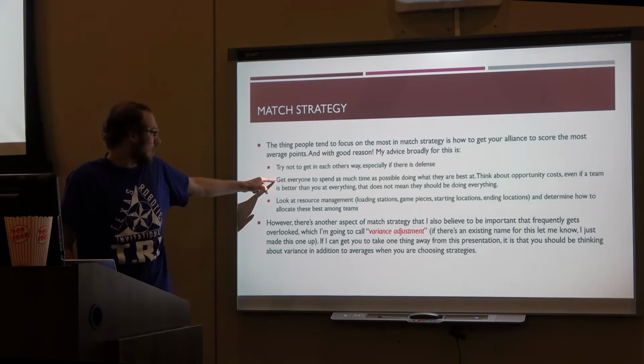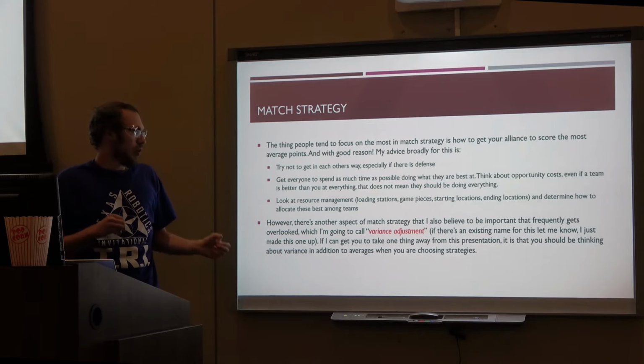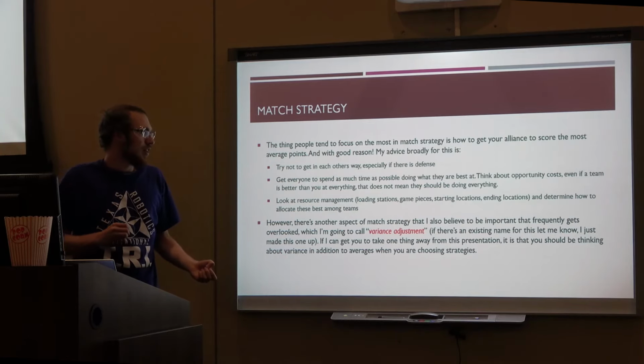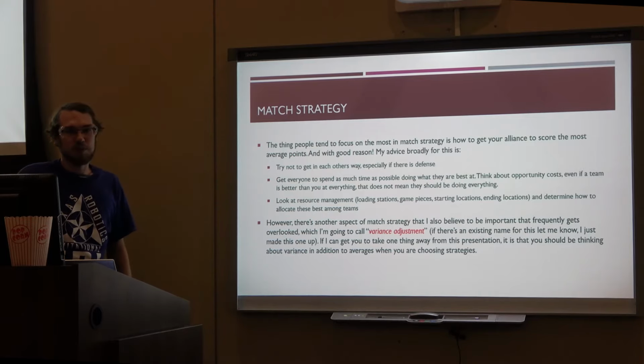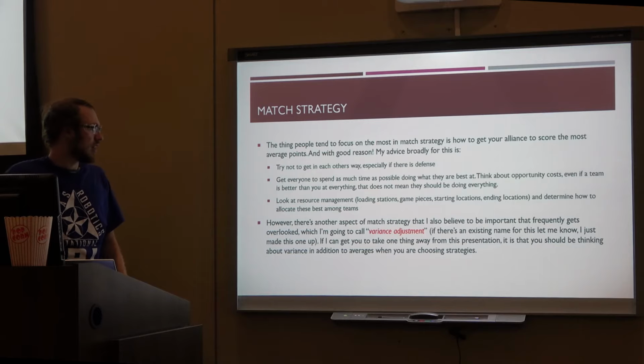The next thing is to try to get everyone to spend as much time as possible doing what they are best at. If you're familiar with economics, there's something called opportunity costs.